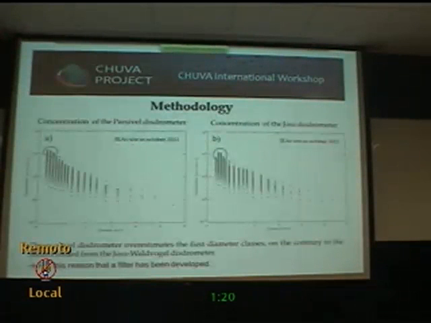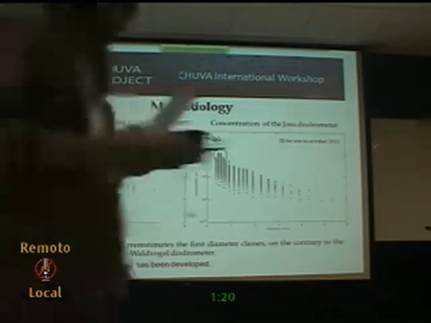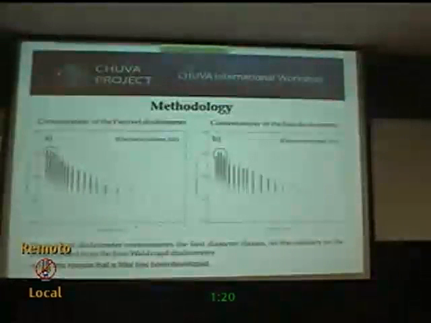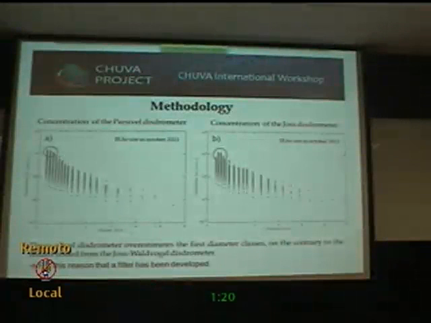In this picture, the figures show the concentration of the two disdrometers, Parsivel here and JAWS. Comparing these figures, it's possible to observe the overestimation of the Parsivel disdrometer for the first class. For this reason, a filter has been developed.